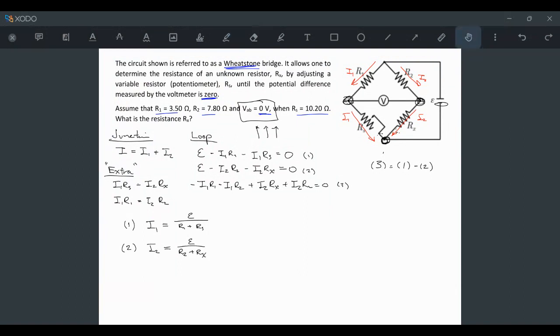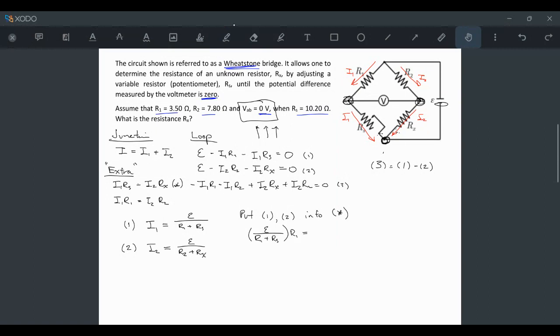And what we're going to do now is we'll take each of these, and if we call this first extra equation star, we're going to put 1 and 2 into equation star. So where we had I1, we will substitute epsilon divided by R1 plus Rs, times R1.